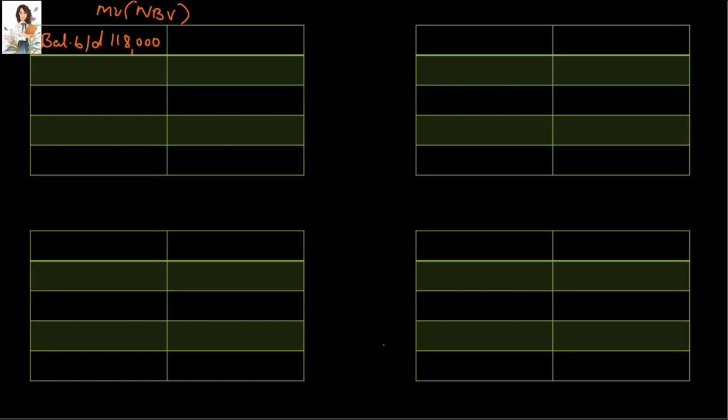And again, it is an asset, so balance carried down will be on the credit side. The balance carried down, closing balance was $113,200. Then, during the year, they sold an asset, a motor vehicle. So, disposal.